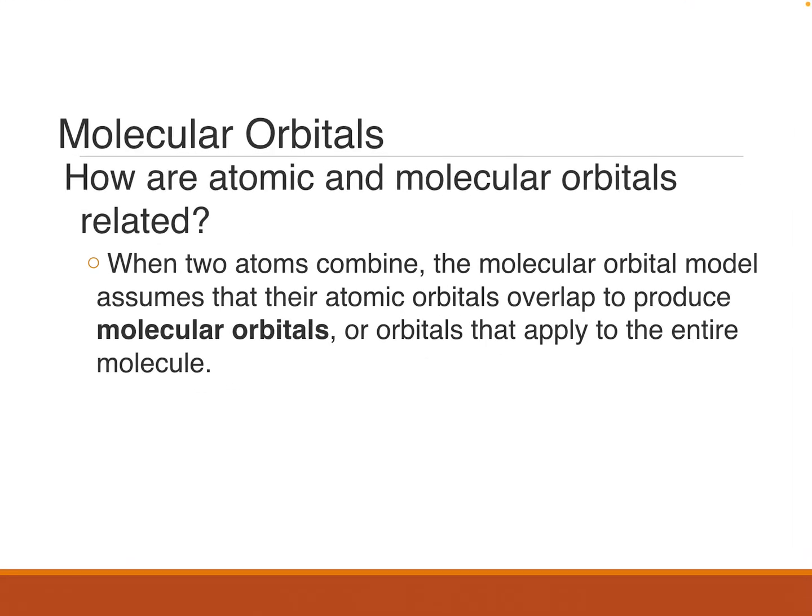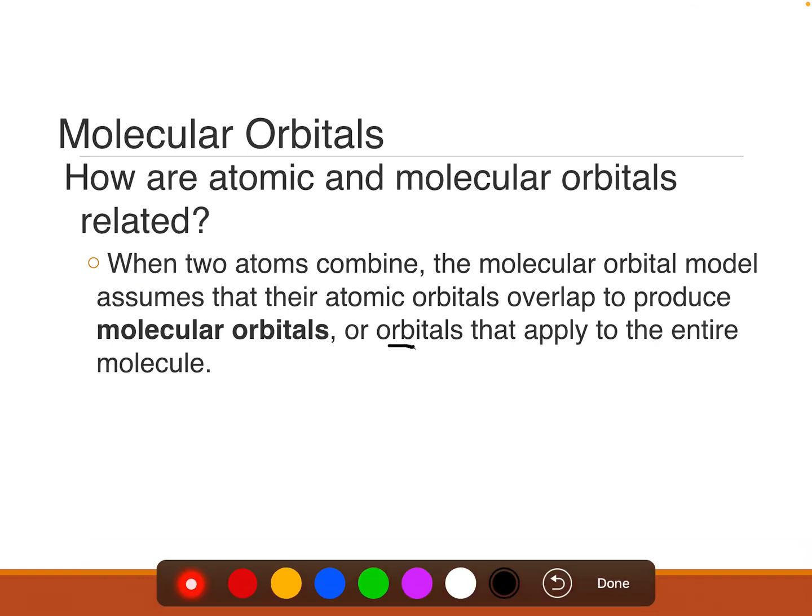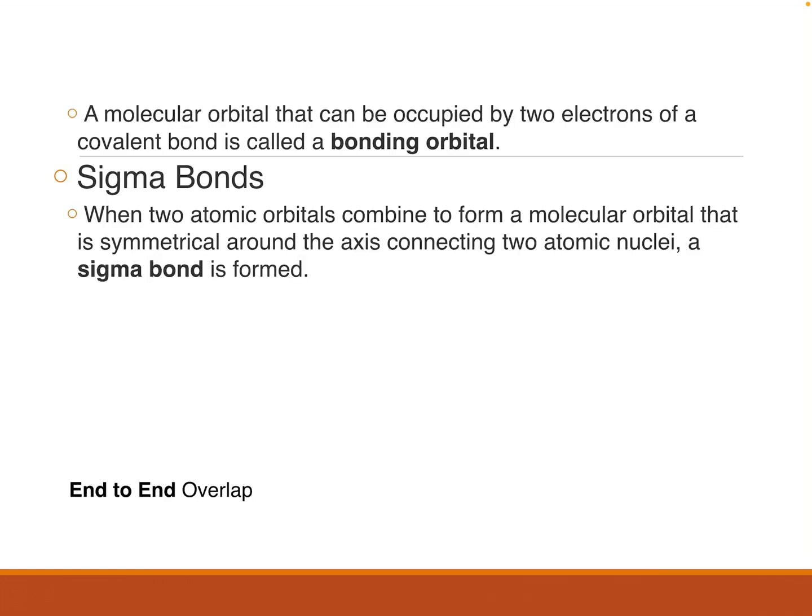Alright, so we have to look at molecular orbitals, like what the orbitals look like when atoms are combining, when they make bonds. So molecular orbitals are orbitals that apply to the entire molecule. When you make a bond, it's two electrons that are being shared by each atom.